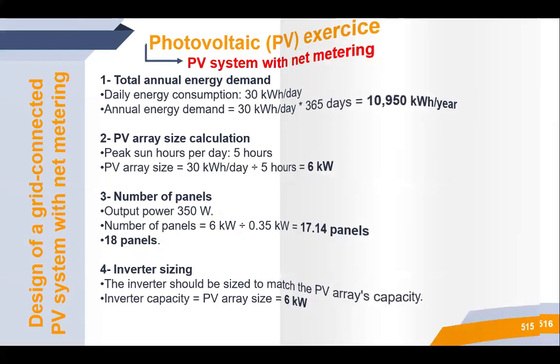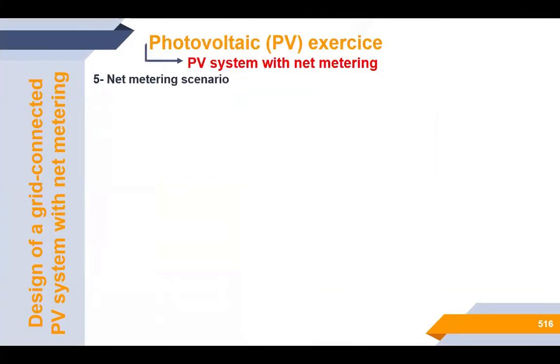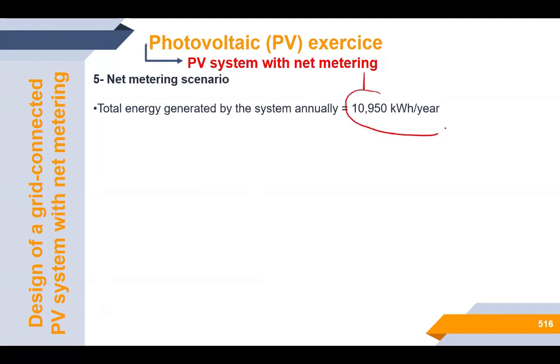So the response to this question is as follows. Here we'll discuss the scenarios of net metering. We have calculated the total energy generated by the system. We found about 10.9 megawatt hour per year, or 10,900 kilowatt hour per year.